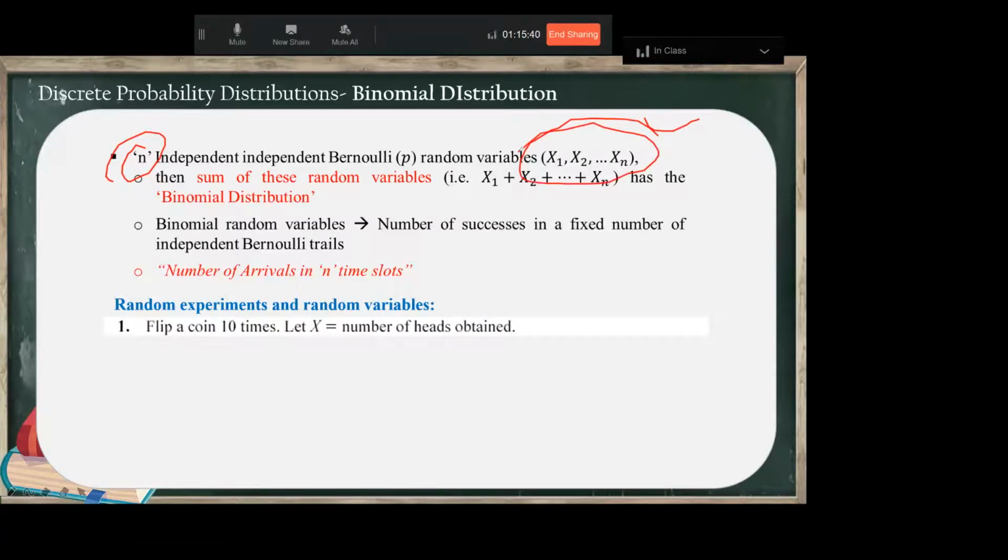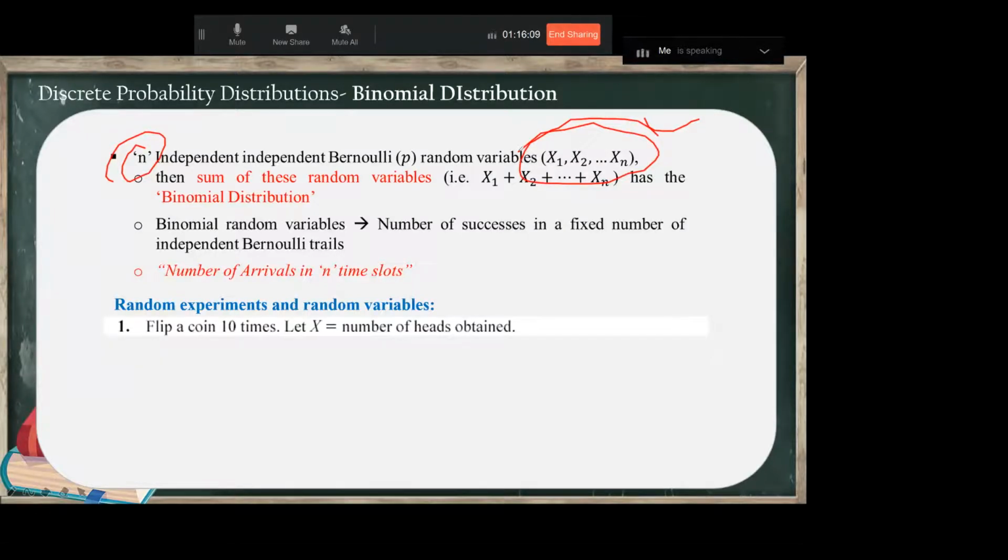Yeah, now it's working. So random variables x1, x2 to xn, and by n, we limit the process. In binomial distribution, the random variable means the number of successes in a fixed number of independent Bernoulli trials, like the number of arrivals in the previous example, or the number of heads in n flips.